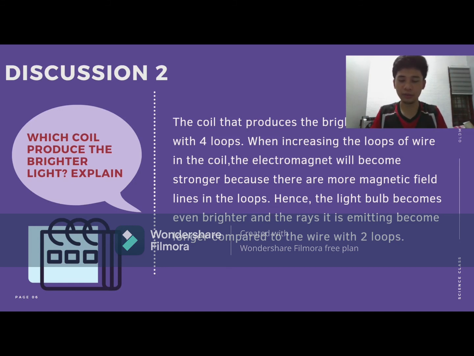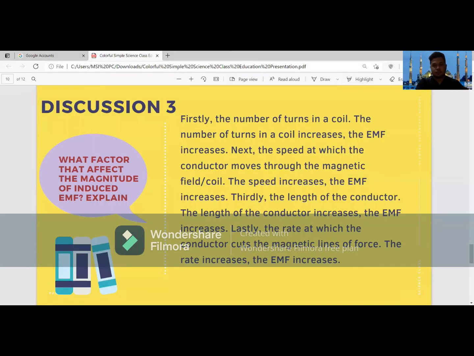Thank you. Okay, next I want to explain the factors that affect the magnitude of induced EMF. Firstly, the number of turns in a coil. When the number of turns in a coil increases, the EMF also increases, while when the number of turns is decreased, the EMF also decreases. Next is the speed or rate at which the conductor moves, cutting the magnetic field.